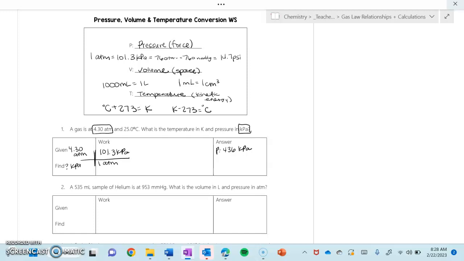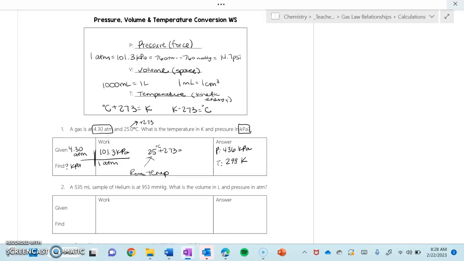And then to find our temperature, you're just going to take your degrees Celsius and add 273. So for temperature, our Kelvin will end up being 298 Kelvin. I've said this before, but 25 degrees Celsius is room temperature, so this is a helpful little conversion to remember. 298 is room temperature in Kelvin for our unit of temperature.